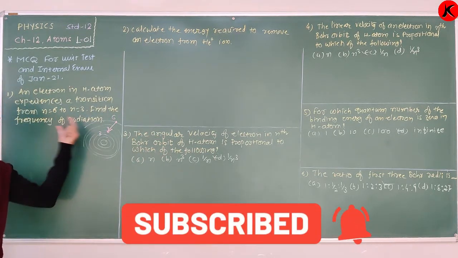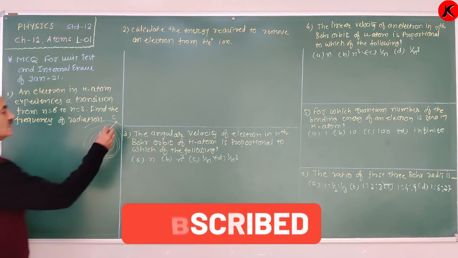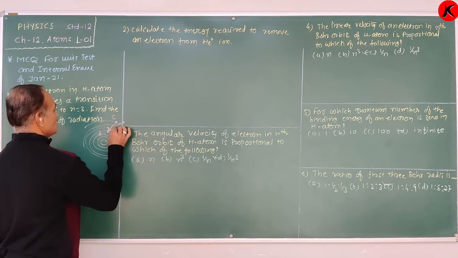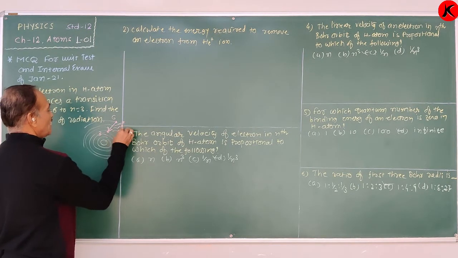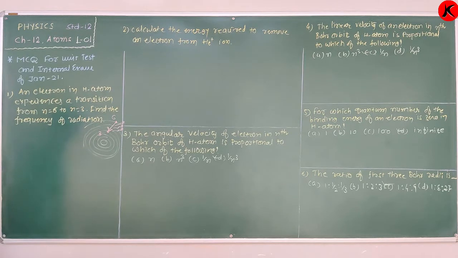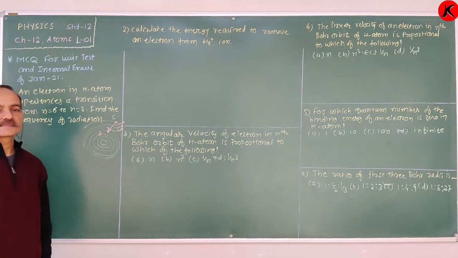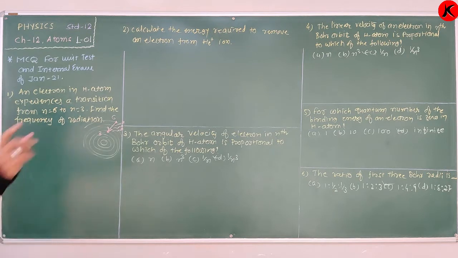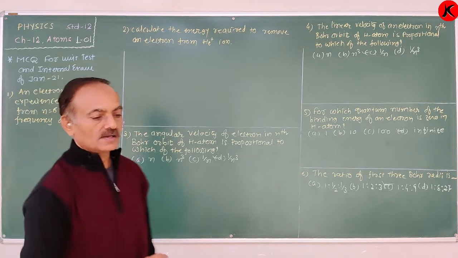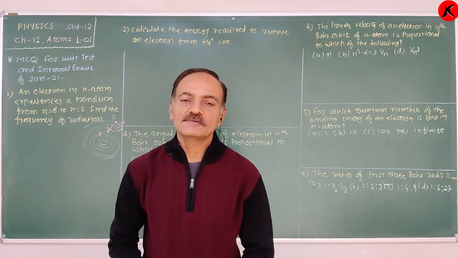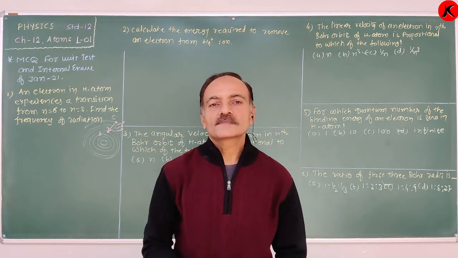We have to find the frequency of this radiation. Radiation is emitted because the energy of the electron in a larger orbit is more compared to the smaller orbit. Right?